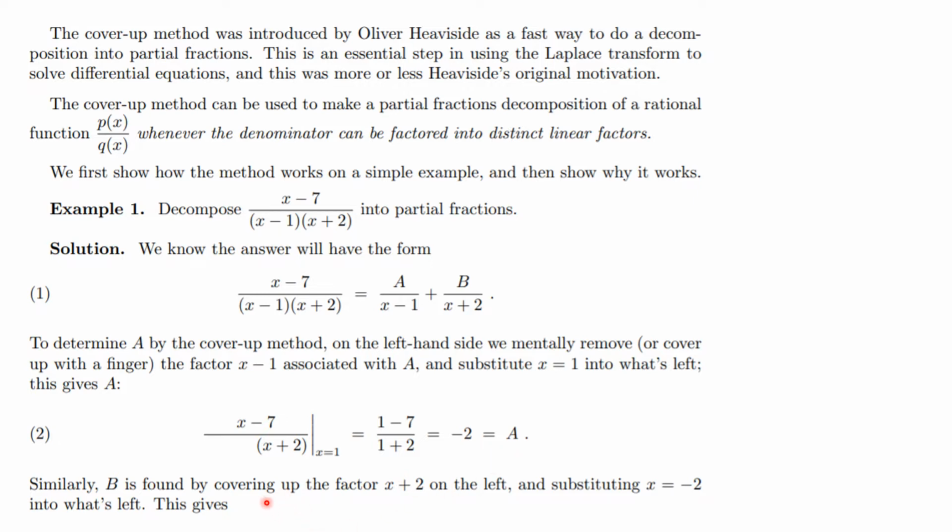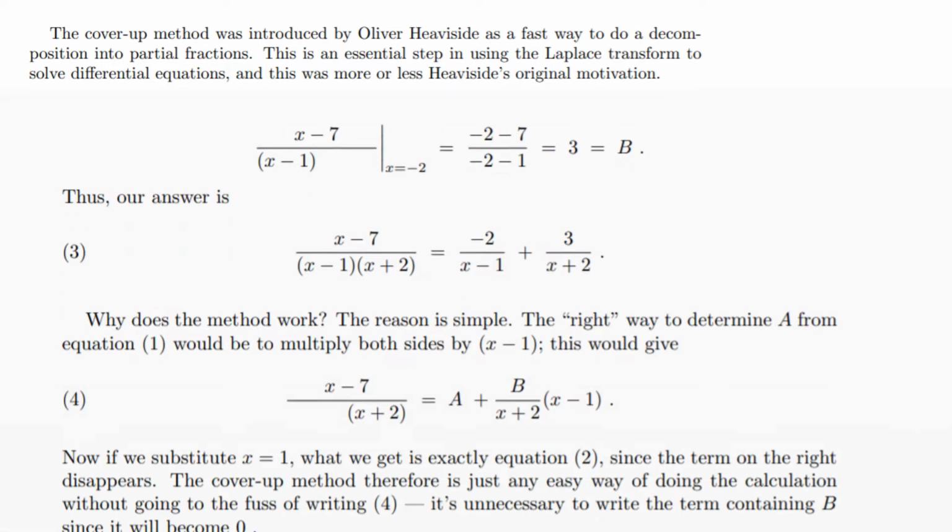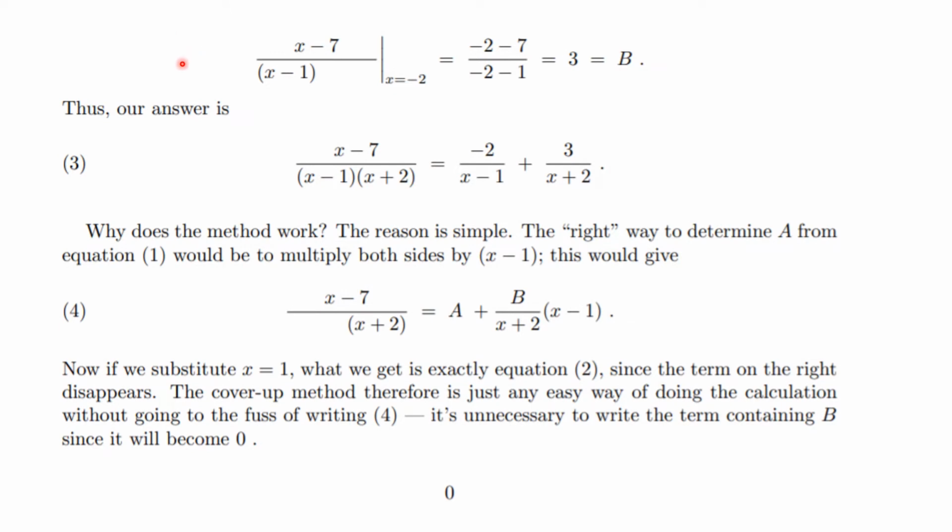Now similarly, b is going to be found by covering up the factor x plus 2 on the left and substituting x equals minus 2. That's what makes the denominator under b equal 0 into what's left. This gives, we've covered that up, and so we're substituting minus 2.